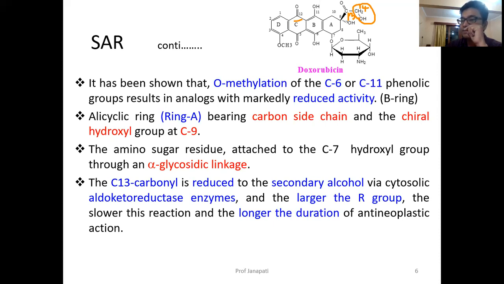When you mask these with a methoxy group, activity is lost because there is no formation of hydrogen bonding. Then there is a chiral carbon at the 9th position. At the 7th position, there is a sugar attached. Then on the 13th keto group, if you reduce it, having a long chain carbon, then you get a prolonged duration of action. This is about the SAR.